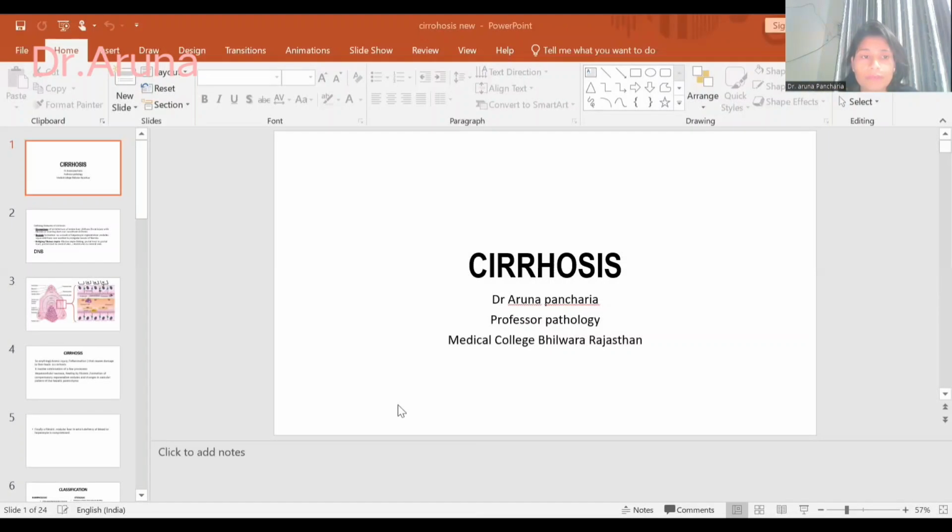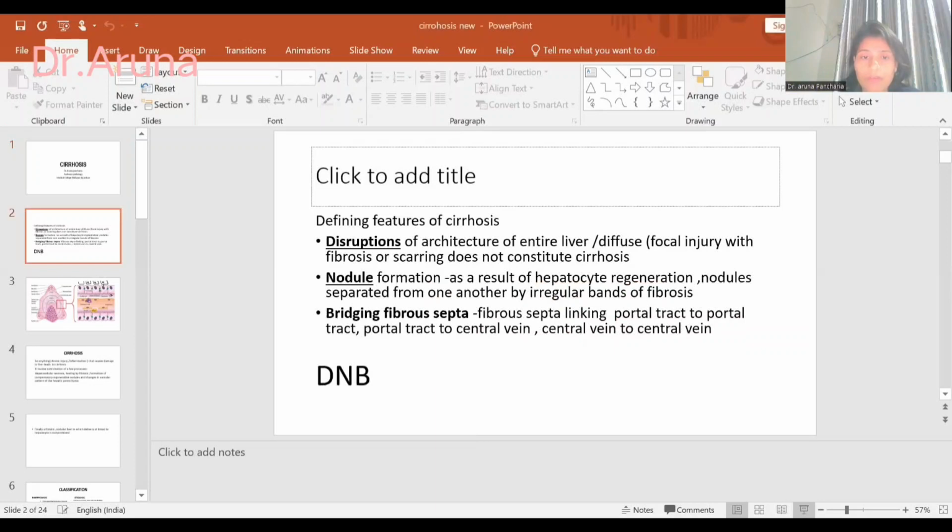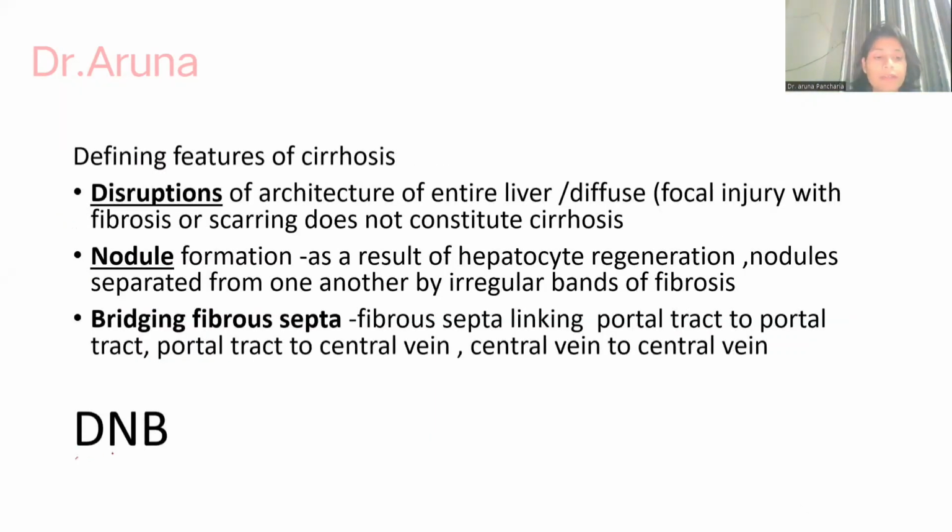I am telling you detail about the cirrhosis. The defining features of the cirrhosis are three. They can be learned by the mnemonic D, N and B. D for destruction of the architecture of the entire liver. The word entire liver is important, and we can say it is a diffuse involvement. And N for nodule formations.